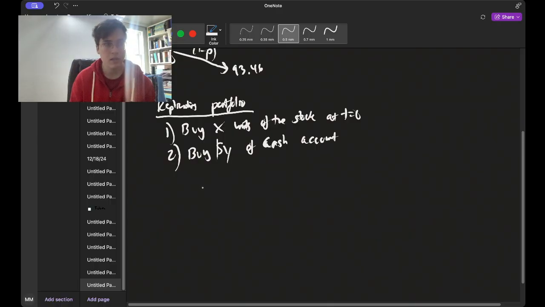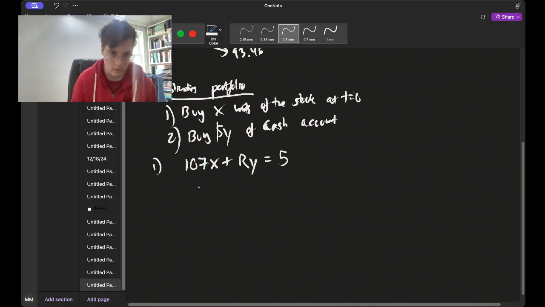So how much money do we actually earn at t equals 1? It's very straightforward. There are two possibilities: either the stock went up or went down. In possibility 1, 107 times X plus rY, since Y has increased because of the interest rate, is equal to 5.